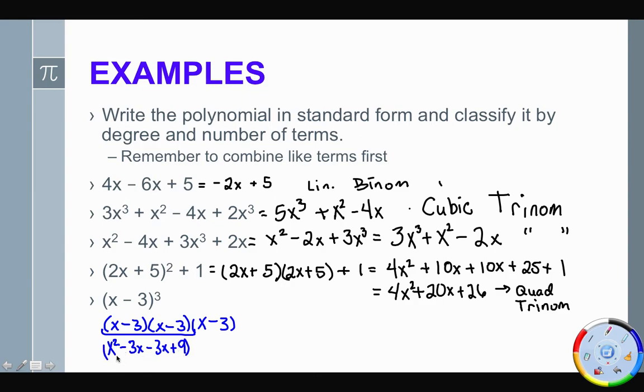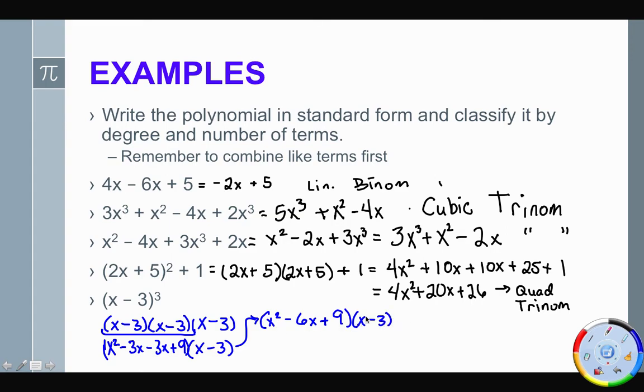And I need to put that in parentheses. And I'm going to need to multiply that by x minus 3. But before I do that, I put the big thing in simplified terms first. So I get x squared minus 6x plus 9. And then I'm going to multiply by x minus 3.